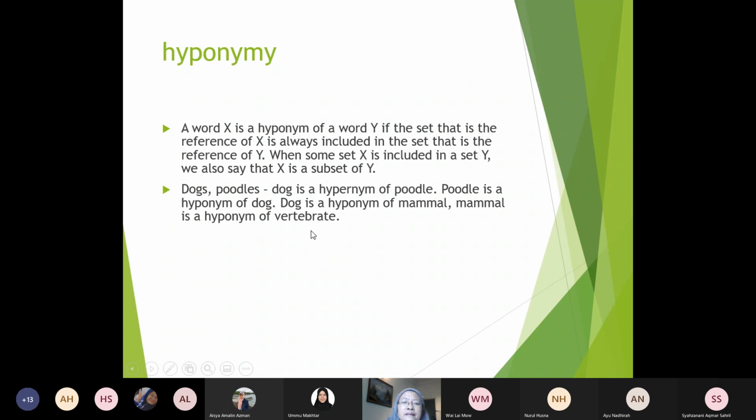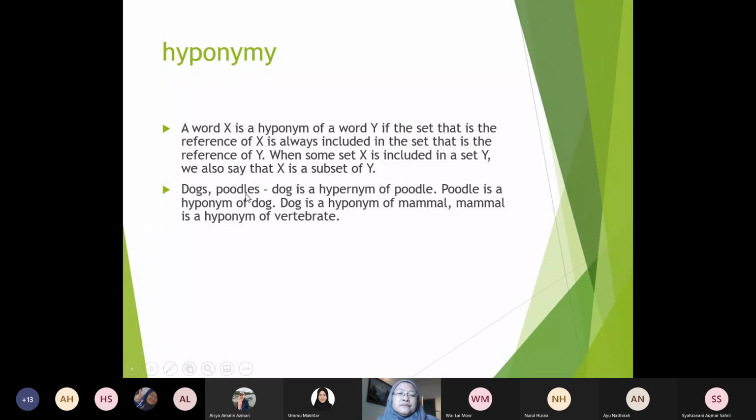And then below that is a mammal. So then we say the mammal is a hyponym of the vertebrate. So the hyponym is always at the subordinate position, at the bottom.